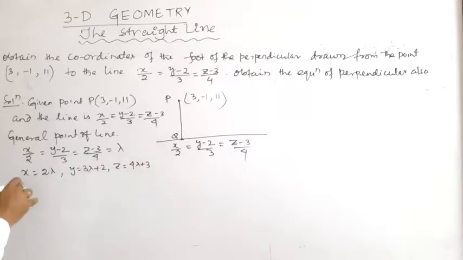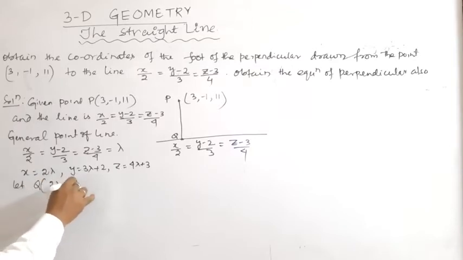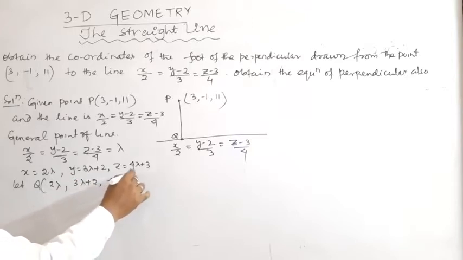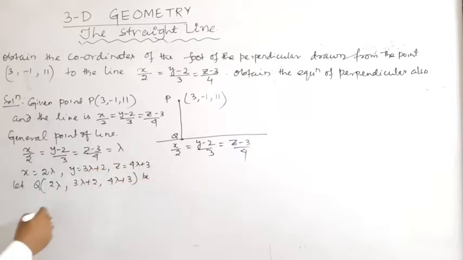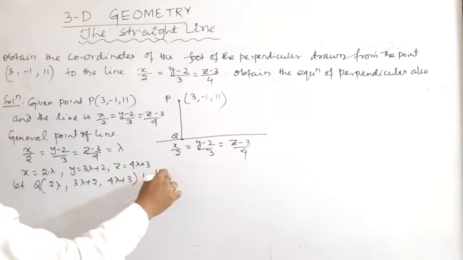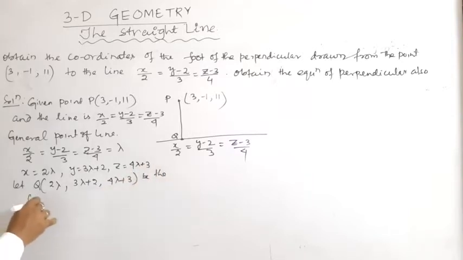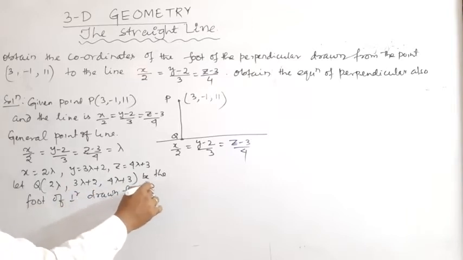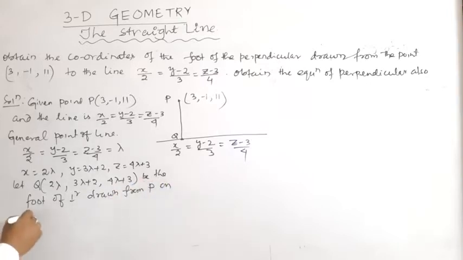Let Q (2 lambda, 3 lambda + 2, 4 lambda + 3) be the foot of the perpendicular drawn from P on the given line.